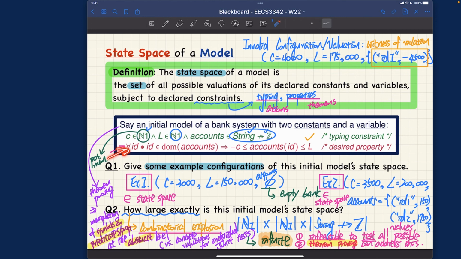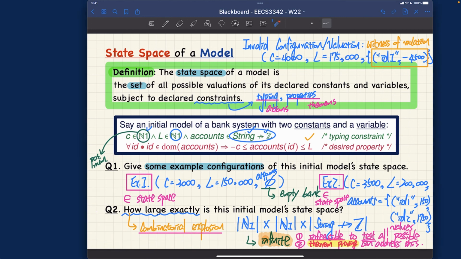All right, let me recap very quickly. So whenever we talk about the state space of the model, you should really know the answer to Q1 and Q2, just have an idea. And because of the combinatorial explosion, we have to really appreciate that we can do some theorem proving, even though proving itself is a very creative and hard process, but at least you can address the combinatorial explosion pretty well.